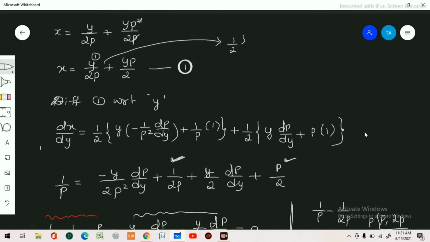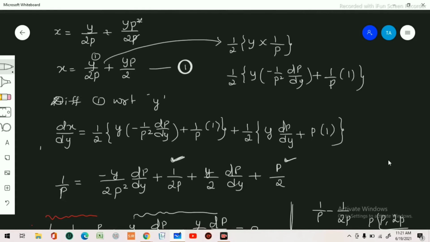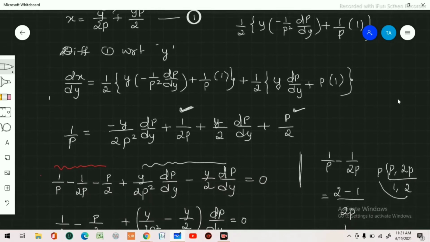Half I'll take outside. I'll write this as y into 1 by p. Now first term I am keeping as it is. Differentiation of second term 1 by p is minus 1 by p square dp by dy, because we are doing it with respect to y. Second term 1 by p as it is. Differentiation of y is 1. Is it clear? Yes, sir. Like that only for the second term you will get.